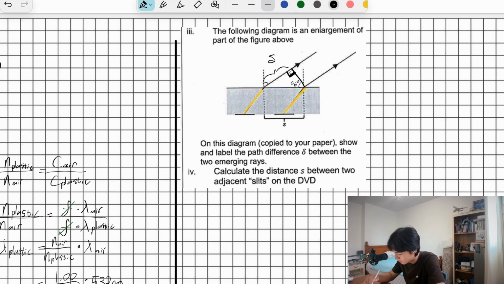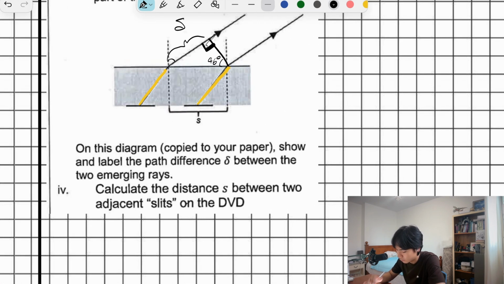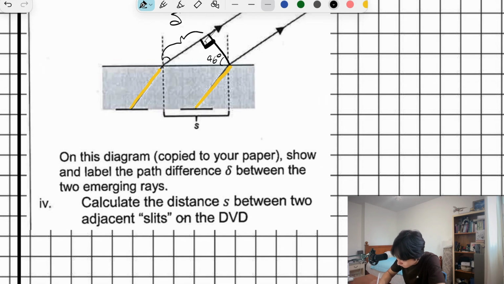Calculate the distance S between two adjacent slits on the DVD. So what are we trying to find? We're trying to find this distance here.